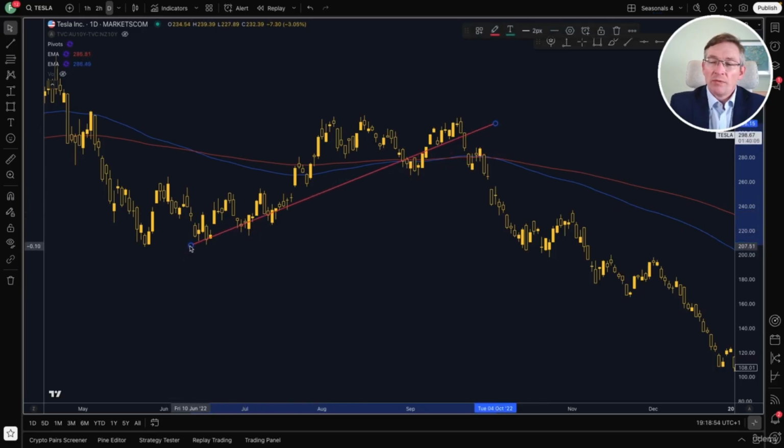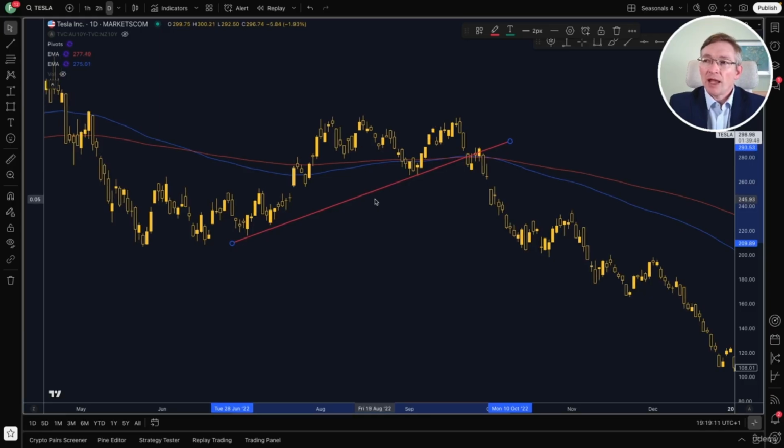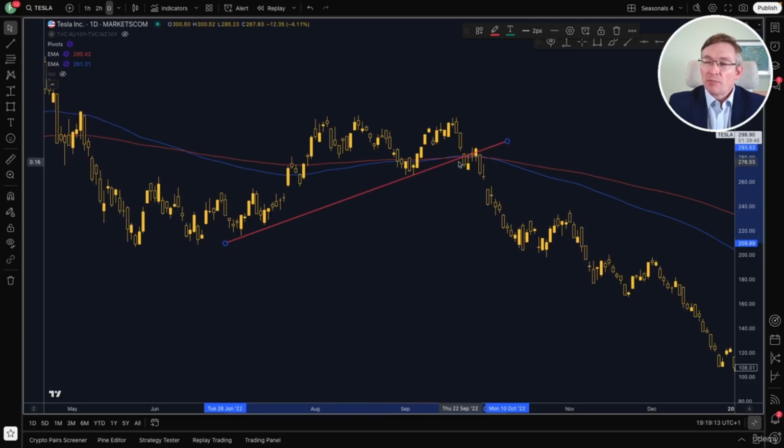For a trend line breakout, you want no price on the other side of it whatsoever. You can see there's no price underneath this level, there's no price underneath that level, and there are 2 very clear swing points. Perfect, right? And then you've got a break here.